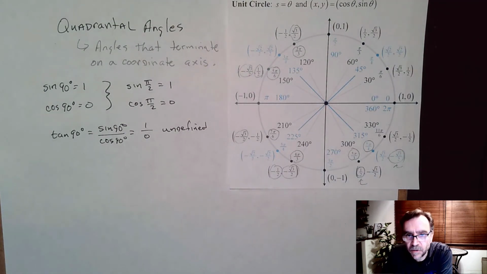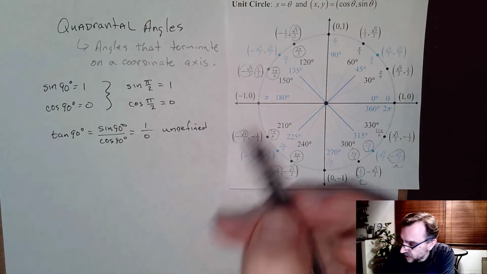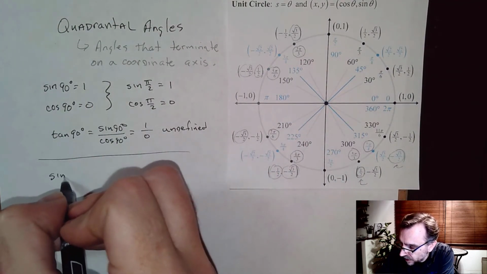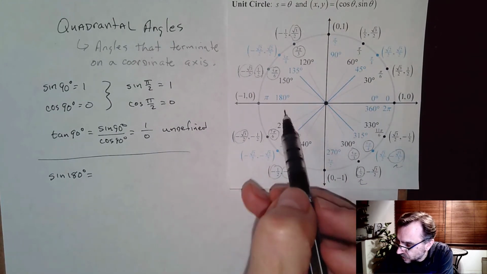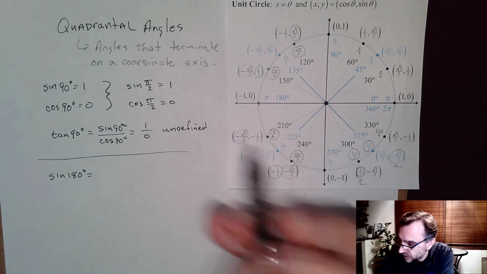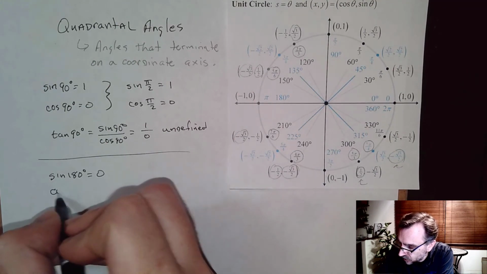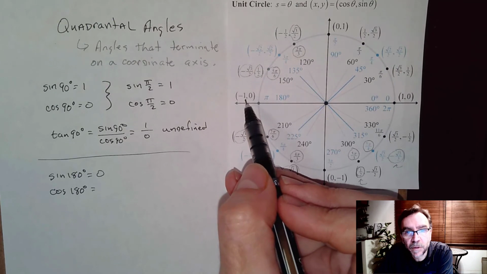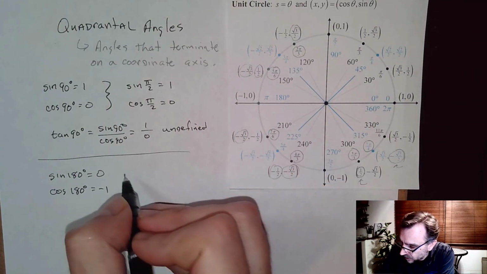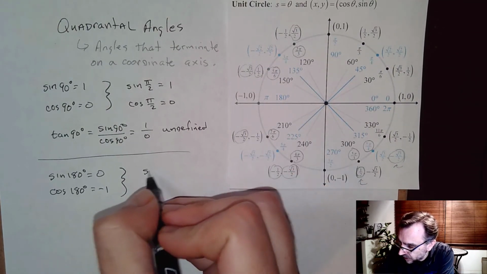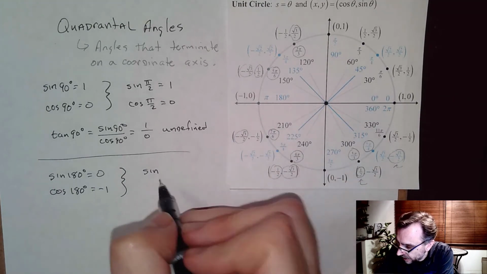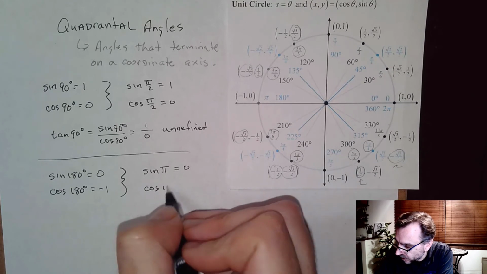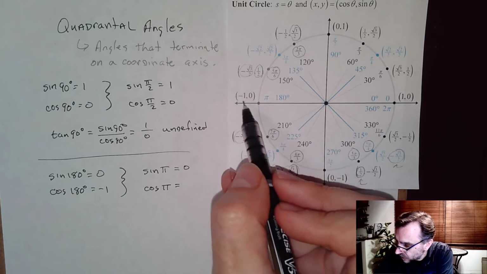All right, let's look at another quadrantal angle. Let's look at, say, 180 degrees or pi. We could say sine of 180 degrees from our unit circle diagram. Sine is a y value, so we get 0. And cosine of 180 degrees, I could see there is going to be negative 1. Again, in radian mode, we would say sine of pi radians is equal to 0, and cosine of pi radians is equal to negative 1.